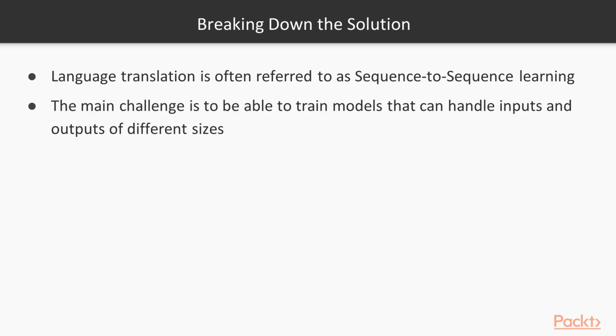The main challenge here is that we have different lengths of data on one side and the other side, right? So we have different inputs and outputs, and we have to use a method that will allow us to translate between those two datasets.